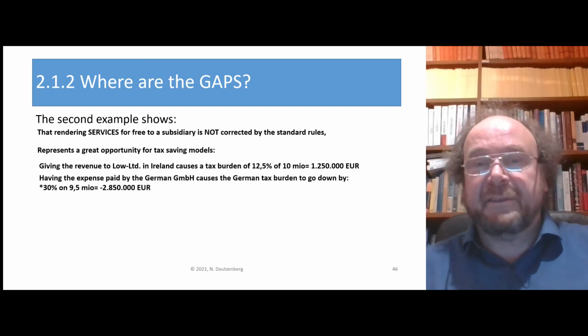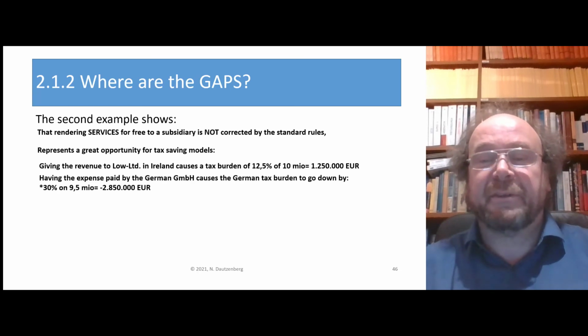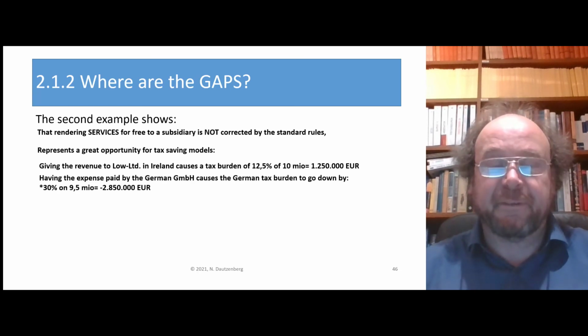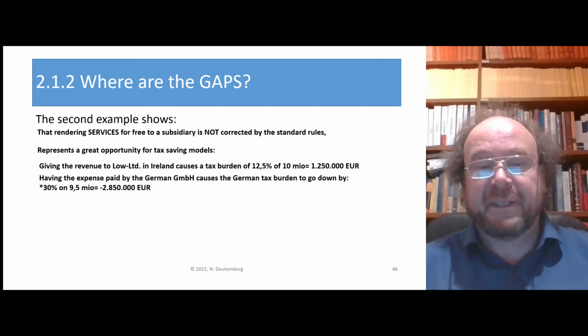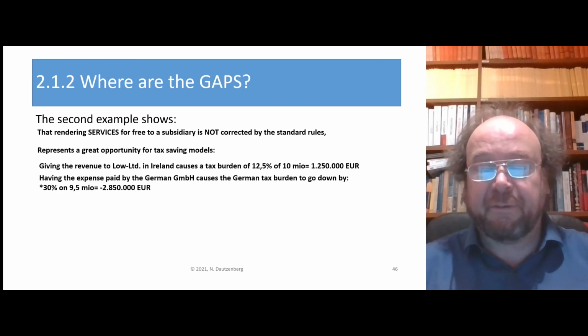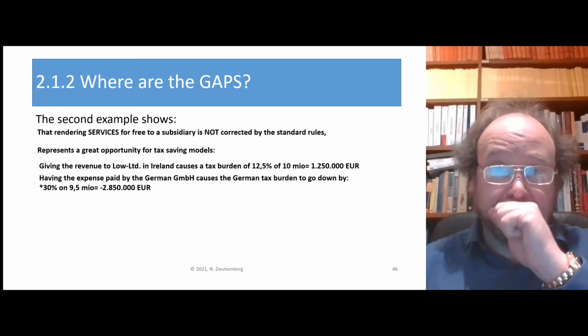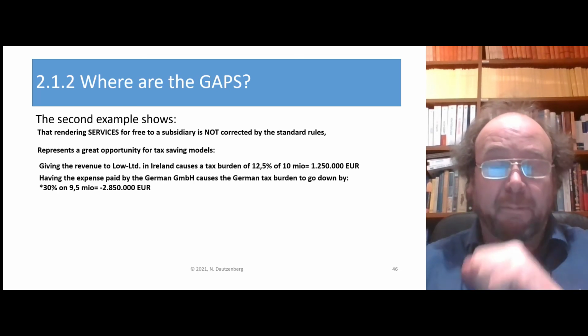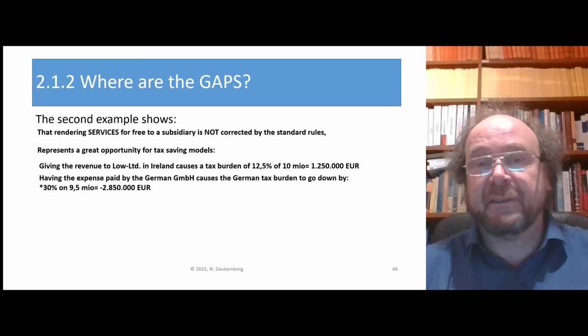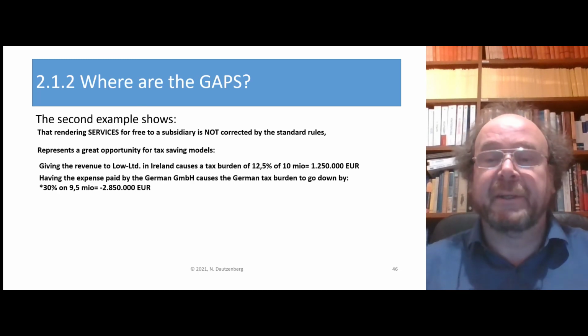And that you can deduct the expenses in Germany, where the tax burden usually is 30% of an amount, lowers the German taxable income by 9.5 million, and that lowers the German tax payments probably by 2,850,000.